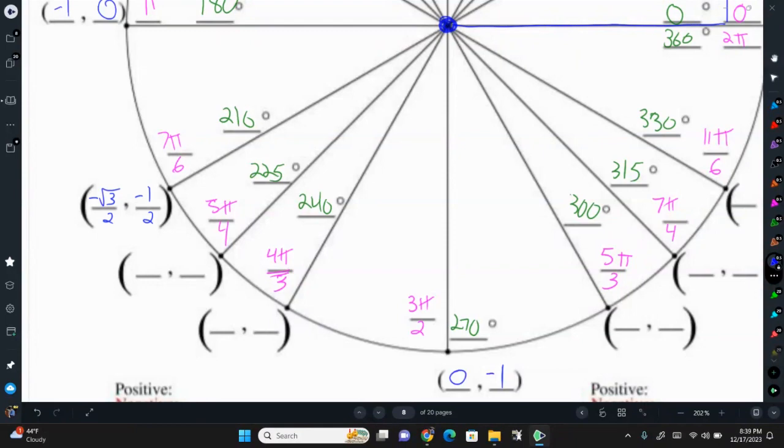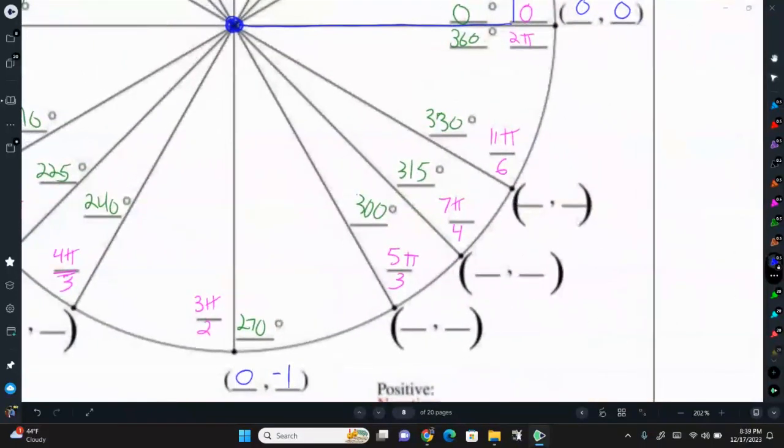If I just gave you a point in the third quadrant, the x value and y value are both negative. Then over here, we have the square root of 3 over 2. And then the y-coordinate is 1/2, but because we're in quadrant 4, the y-coordinate is now negative. Oops, I have too many square roots.